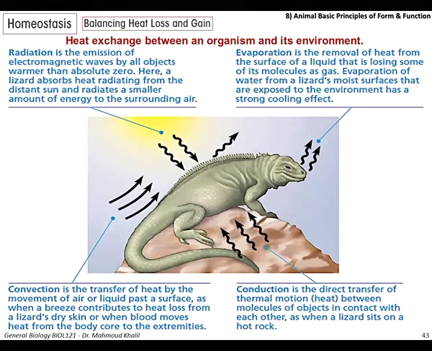If the rock is hot, the heat will be conducted inside the body to elevate its heat. So actually, these 4 mechanisms are what the iguana uses for homeostasis, regulating its body temperature or adapting its body temperature to the external environment.